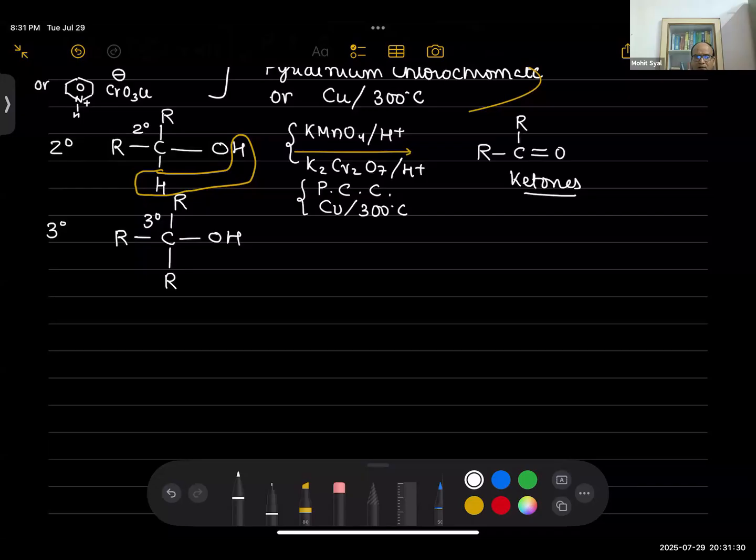And what about tertiary alcohol? Jaslin, tell me what about the tertiary alcohol? If you try to oxidize them and make a double bond, will you be able to do so? For tertiary alcohols, there are three carbon-containing groups connected to the carbon carrying OH. Got it?